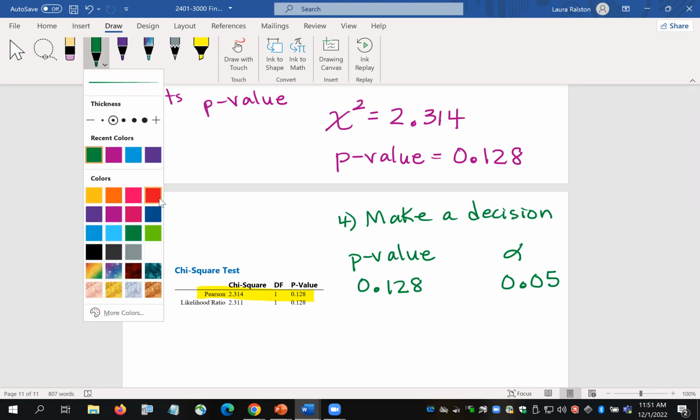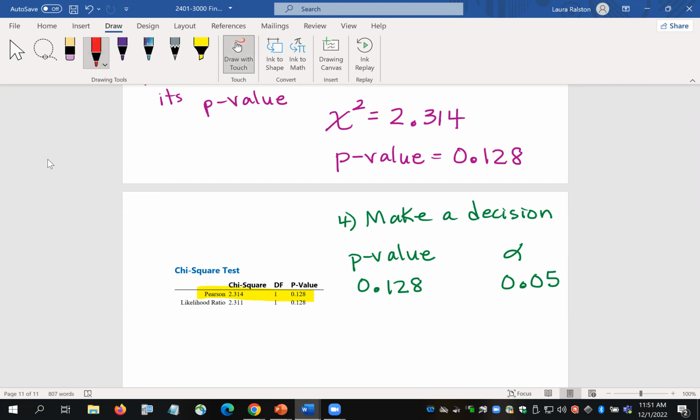We compare digit for digit. 1 compared to 0: 1 is greater than 0, so p is greater than alpha, which means we fail to reject the null.